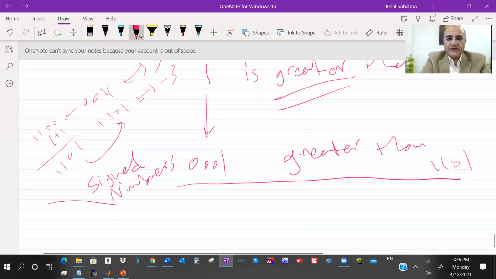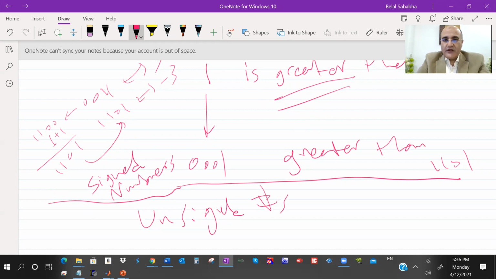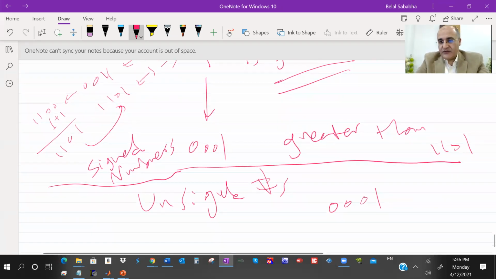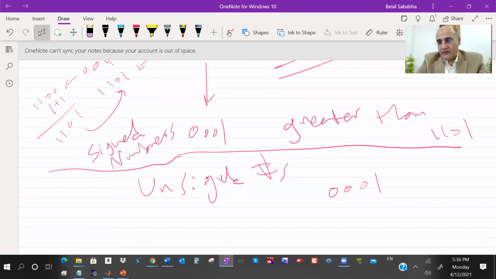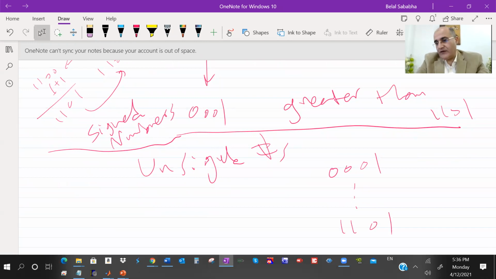For unsigned numbers, 0001 comes before 1101.